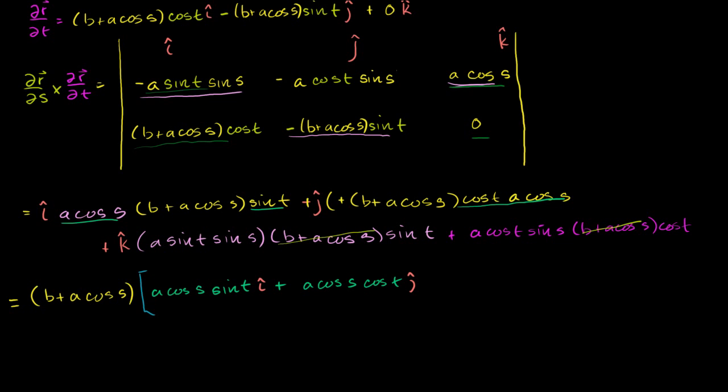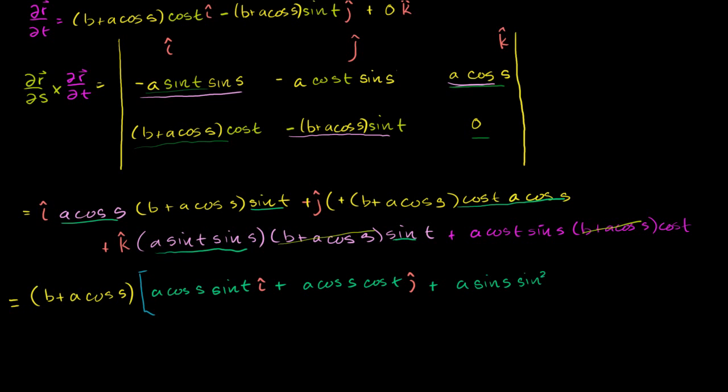And then when we factor that out, we can multiply this out, and what do we get? So plus, if you multiply sine of t times this thing over here, because that's all we have left after we factor out this thing, we get a sine of s sine squared of t, right? We have sine of t times sine of t.